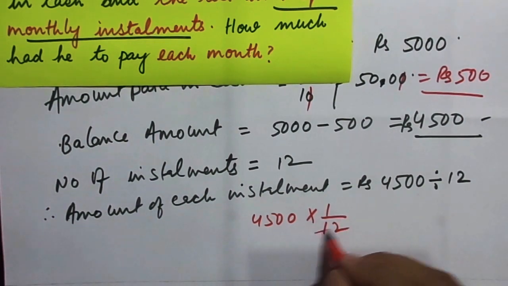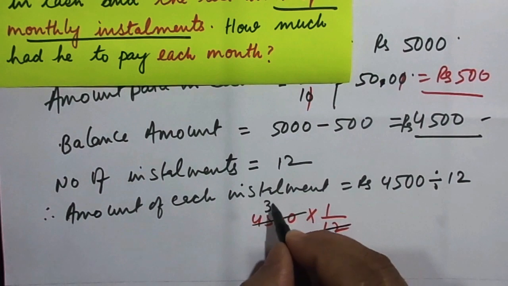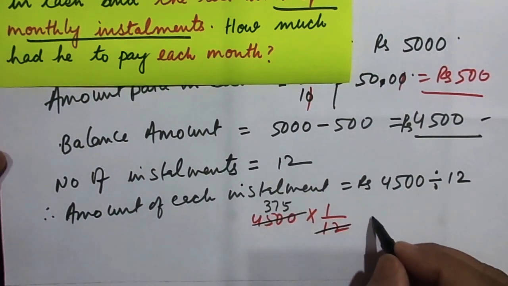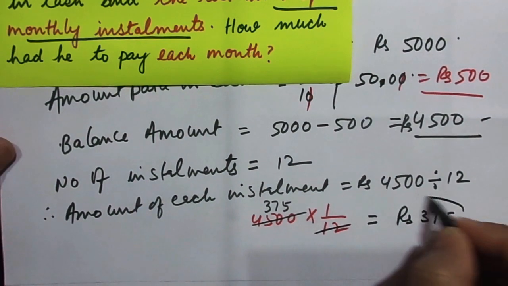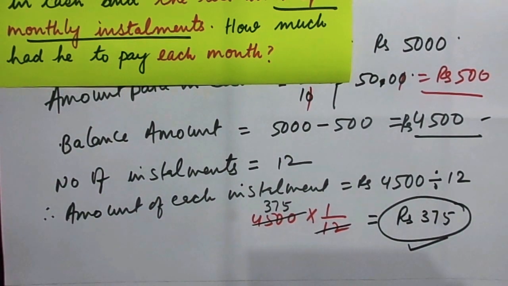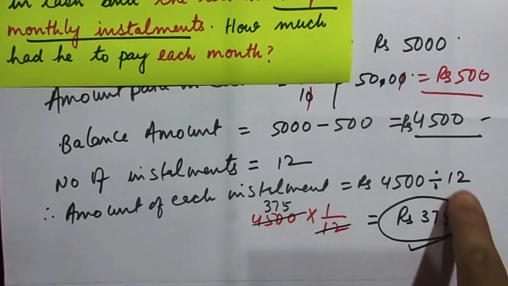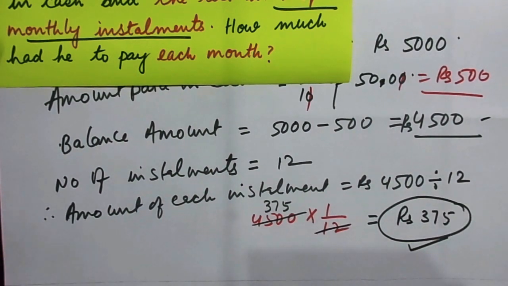So when you cancel this and this with 3 and 4, you'll get 375. Therefore your answer is rupees 375, which this fellow will be paying every month for 12 months, isn't it?